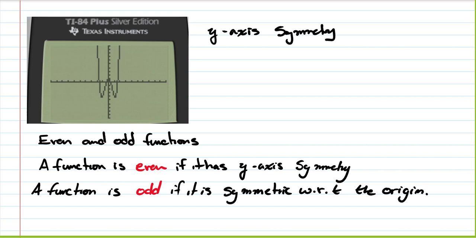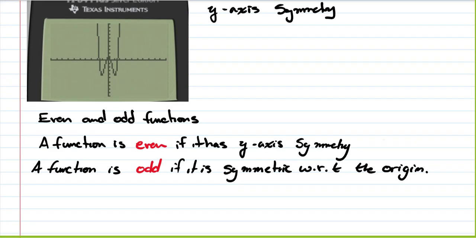So when we hear even and odd function, we're just talking about symmetries again, but only two of the three symmetries, y-axis symmetry and symmetry with respect to the origin. And those are our two things for even and odd functions.